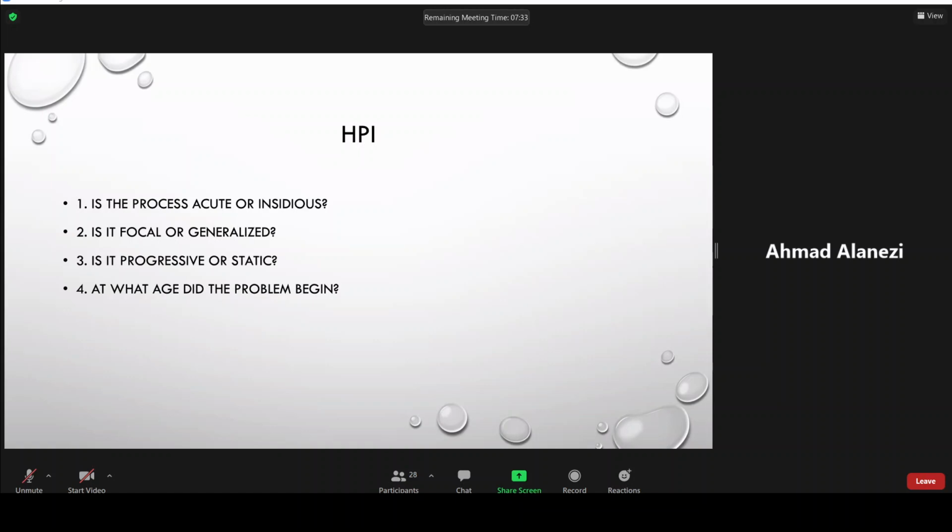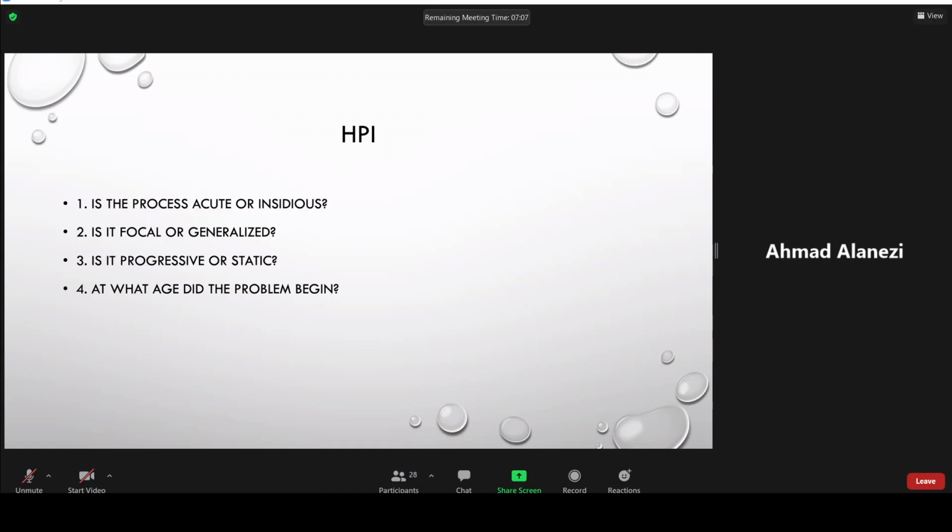Patients with cerebral palsy have motor disability, sometimes cognitive involvement, sometimes seizures, but it's a static disease. So I don't expect them to deteriorate with time. Whereas if there is a progressive course of regression, think about an alternative diagnosis than cerebral palsy.